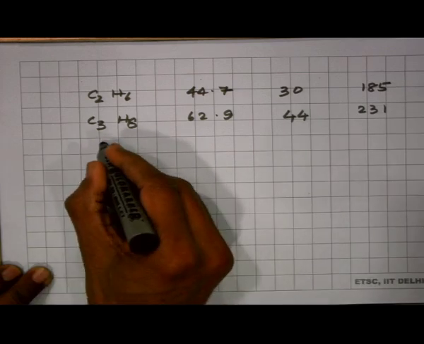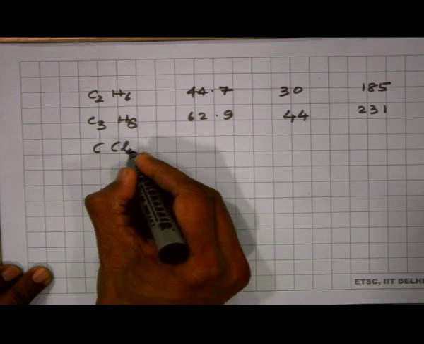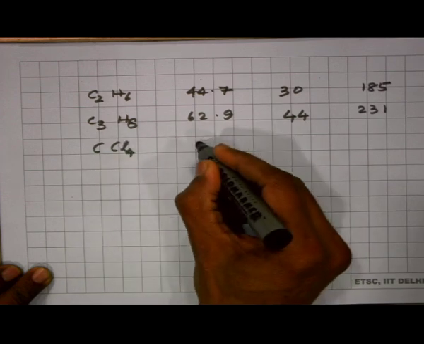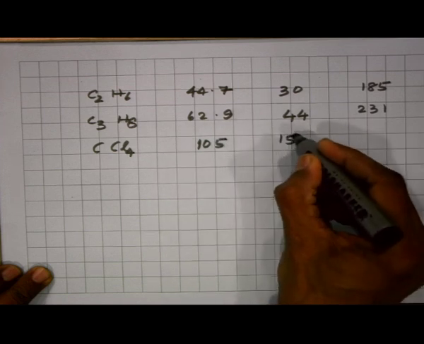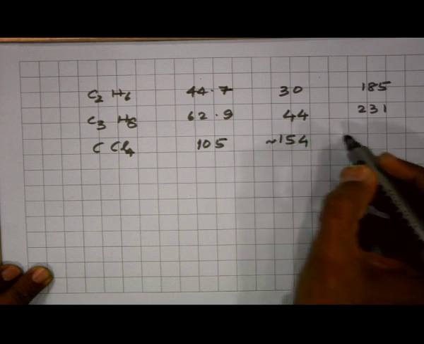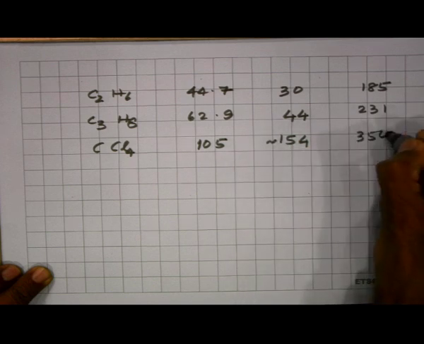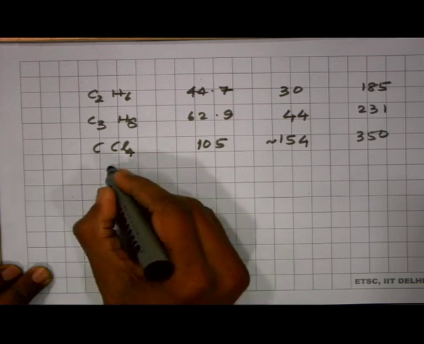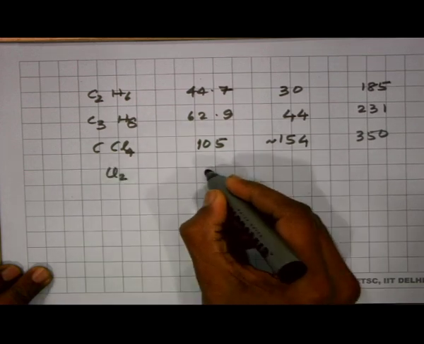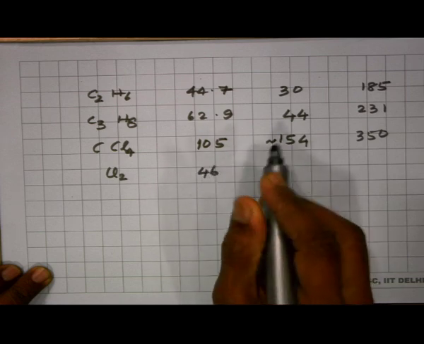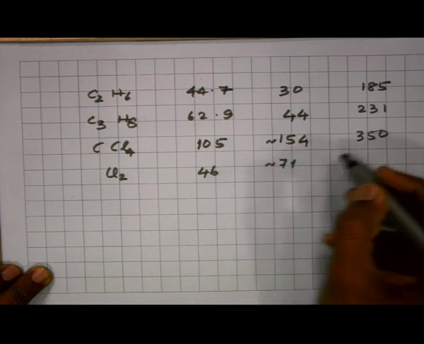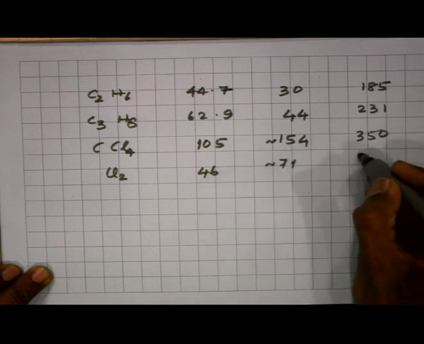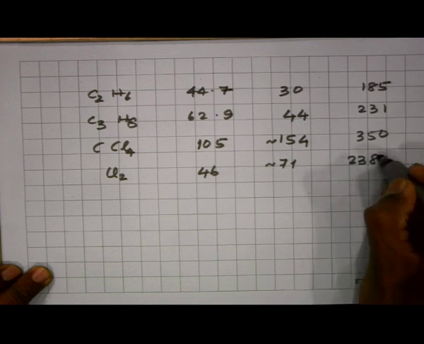And you go even bigger, CCl4, polarizability of 105, molar mass about 154 and 350. And chlorine, just for comparison, polarizability of 46, molar mass of about 71 and 238.